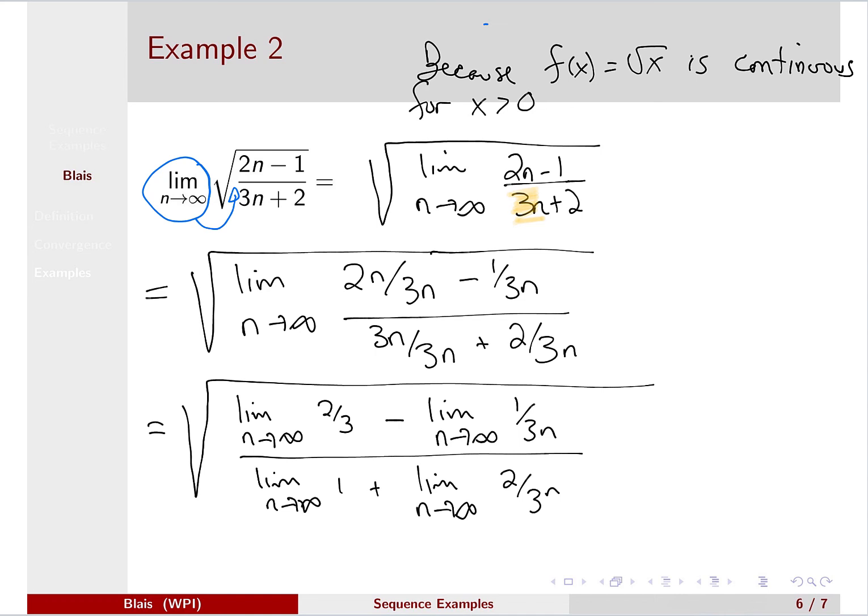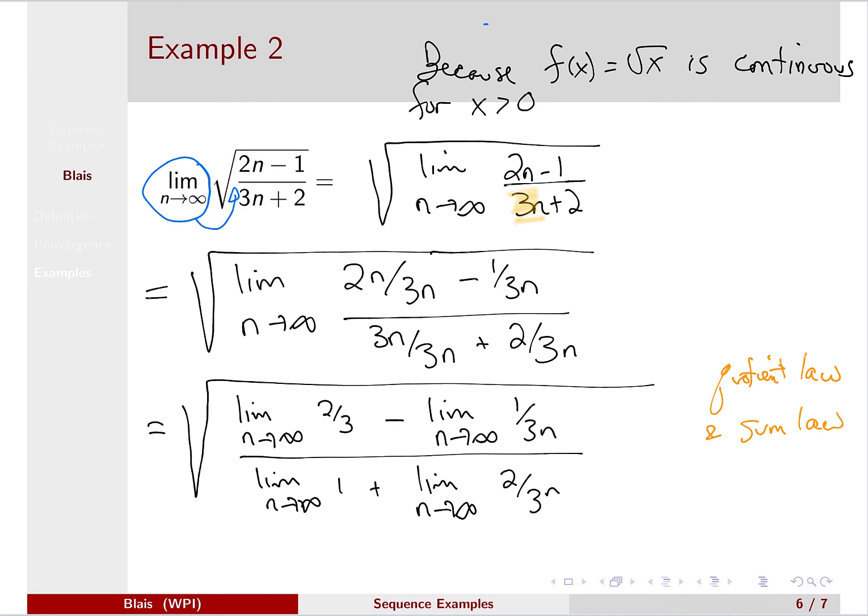And so we're applying both the quotient law and the sum law for our limits as we learned prior to this course.